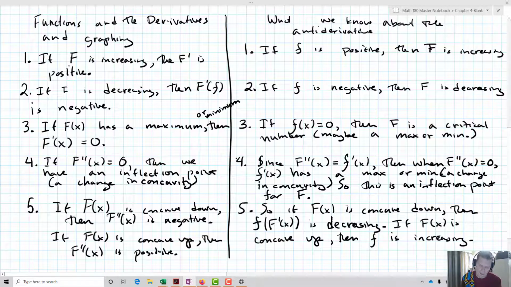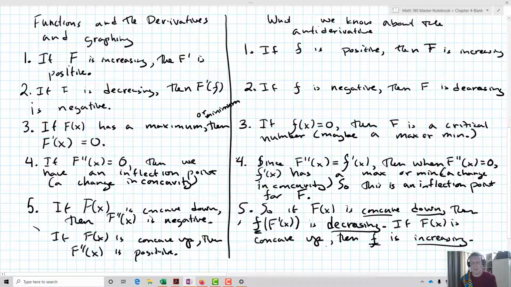Conversely, these two are switched a little bit. So basically, if little f is decreasing, then big F is concave down, and if little f is increasing, then big F is concave up.